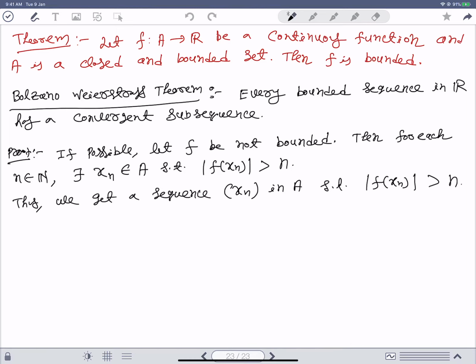Now what can you say about the sequence xn? It can be convergent or it may not, right? But since A is a bounded interval, therefore the sequence should be bounded. So since A is bounded, the sequence xn is a bounded sequence.